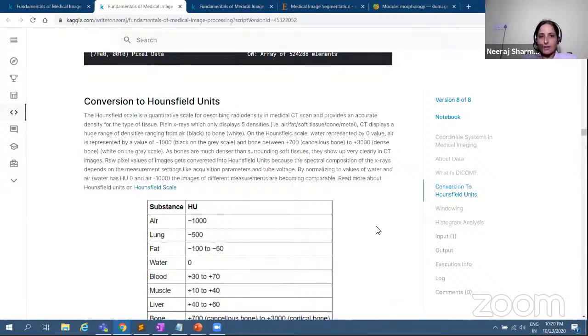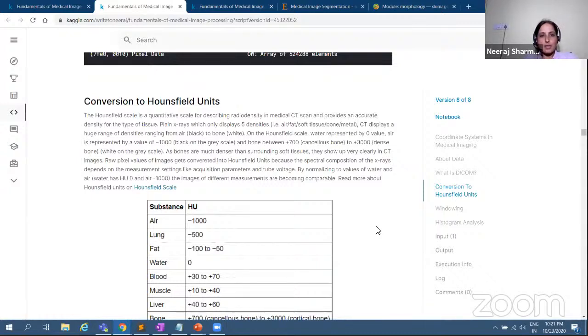Anything which is lighter than water will have negative densities. That means it will be a negative Hounsfield unit. For Hounsfield unit, I will use the term HU. And anything which is denser than water will go on the positive scale.